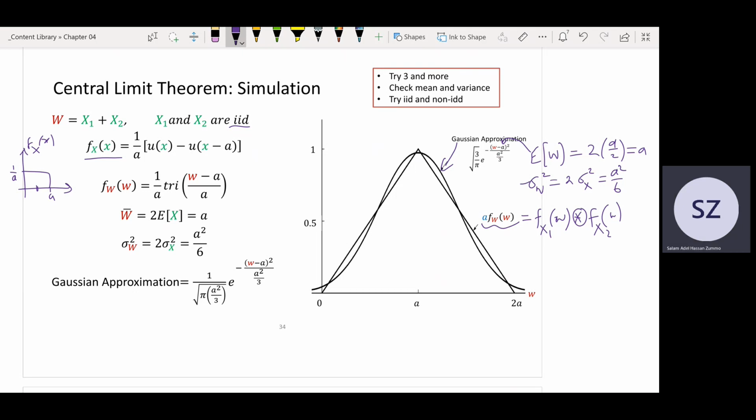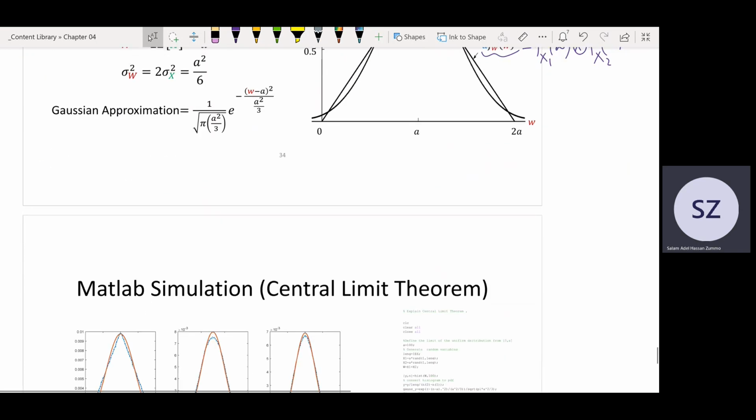Which is this one. Okay? Now we are putting here the Gaussian and the triangular. شوف كيف ما هو بعدها. شكل مختلف صح؟ هذا triangular هذا Gaussian لكن they are not far away. الآن let's increase more.